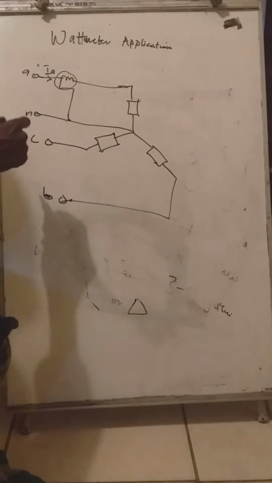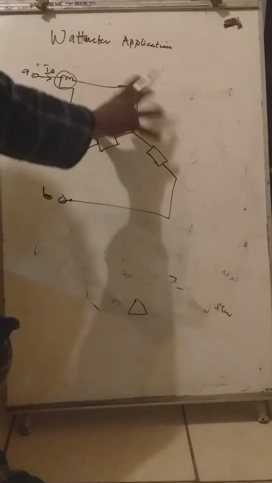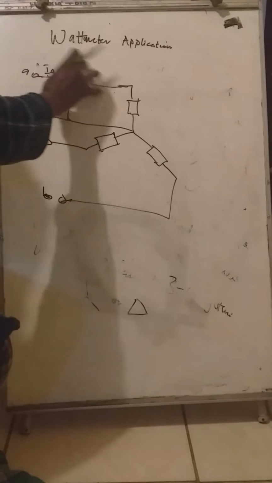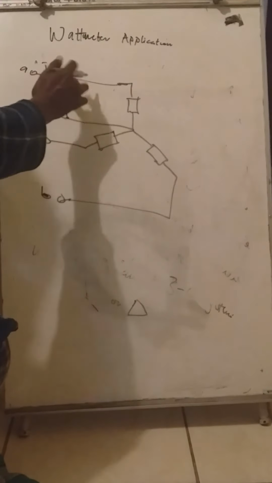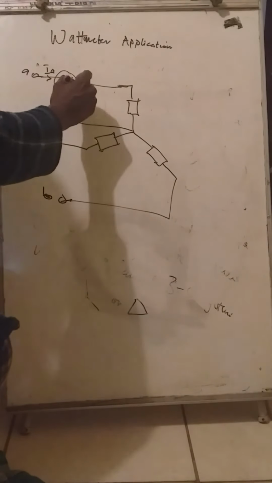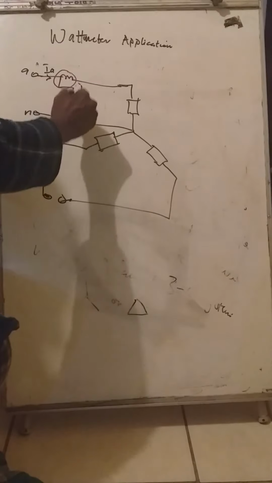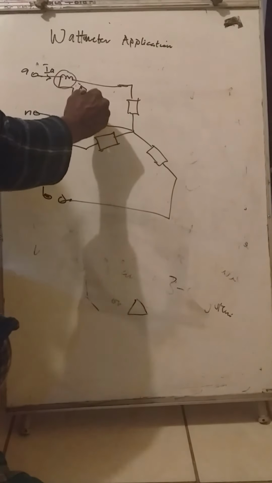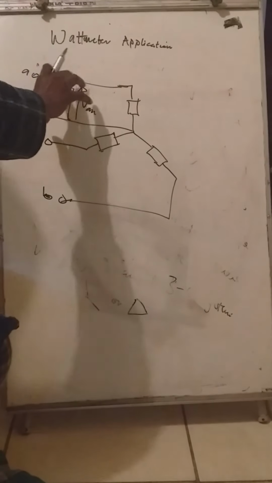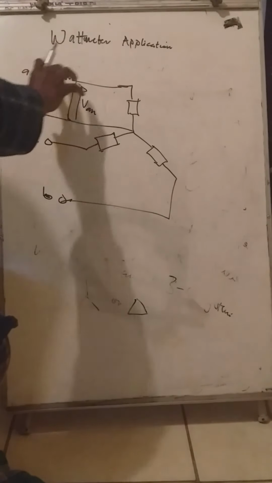Now, what you do is this. Because it is a balanced system, once you measure the power in this line, that is the power in this phase, phase A. All you need to do is multiply it by 3.